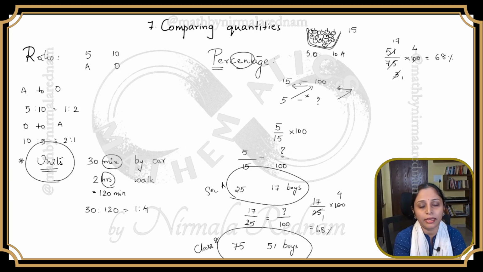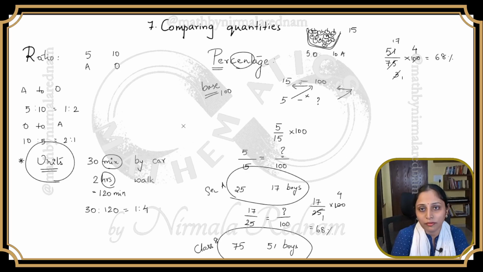70% of 100 is definitely easier to visualize than 17 out of 25 or 51 out of 75, right? So that is the purpose of using percentages. It is trying to standardize and generalize things with the base of 100. When you're talking about percentages, your base is 100.